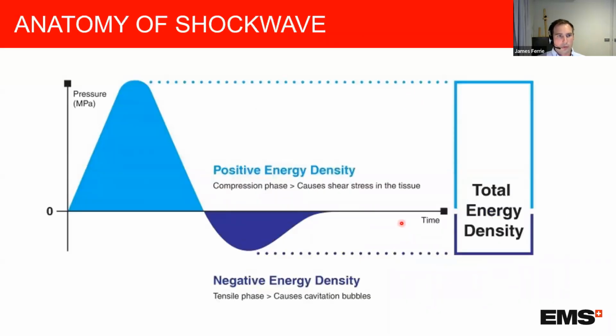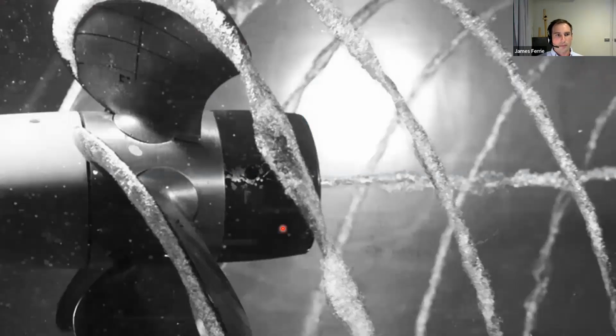As we said, this is really what generates our cavitation. And cavitation are small little bubbles that form. In this case, we're looking at a propeller, and as that propeller spins around, the leading edge causes positive pressure. And then on the edge on the other side, we get a negative pressure that forms.